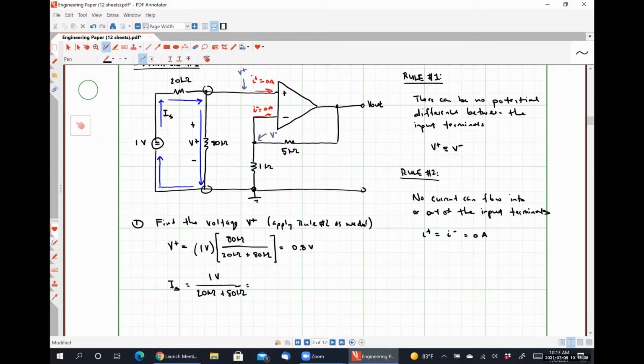So 1 over 100 kilo ohms would give us, I think that's 10 milliamps. Let me double check. Yeah, 10 microamps.